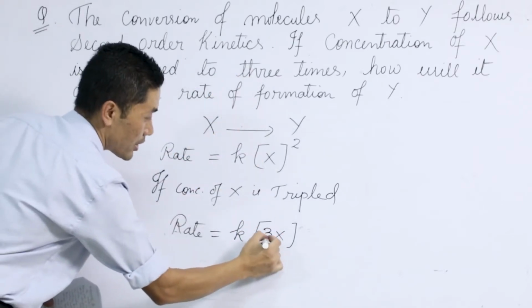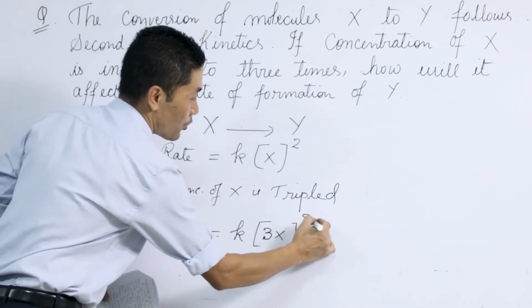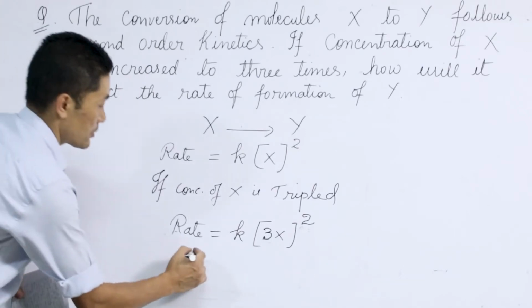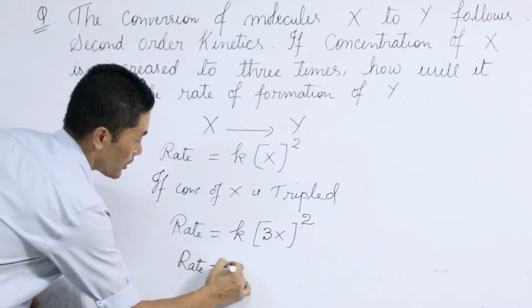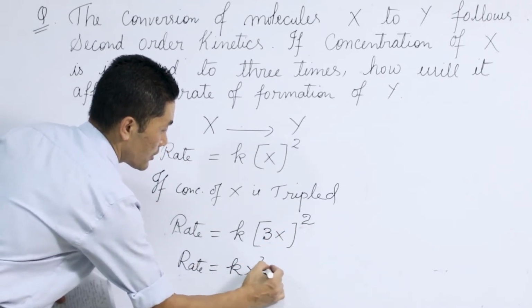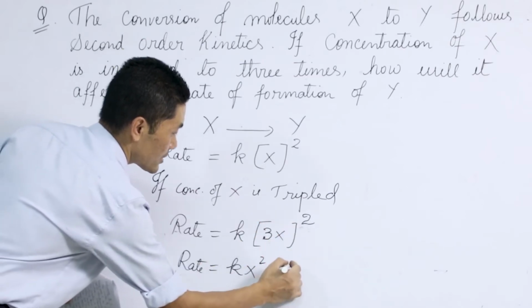So we multiply this by 3, and since it is still a second order reaction, the power is 2. So rate will be equal to K into X square into 3 square, that is 9.